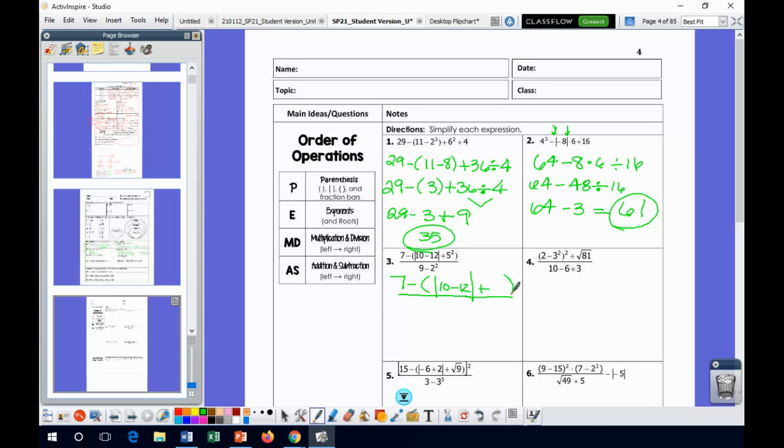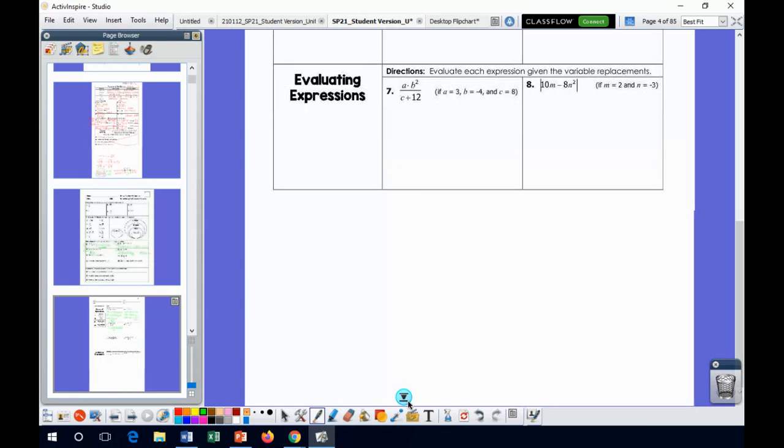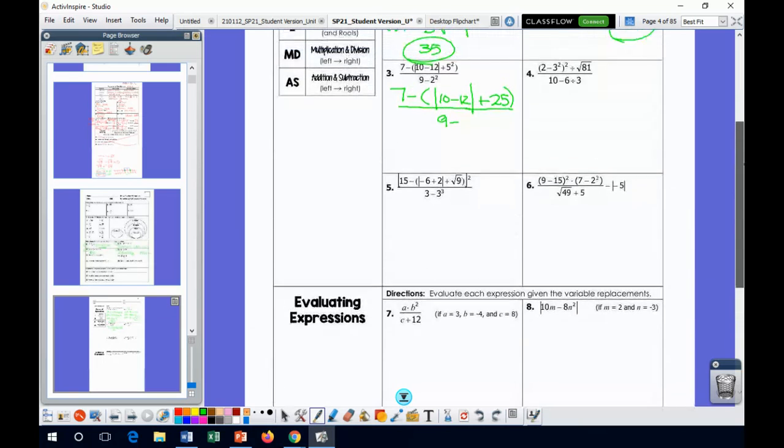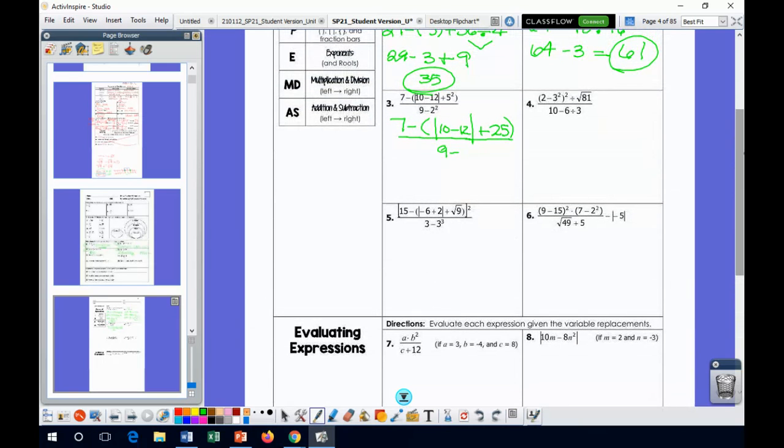Here's our first one to deal with. 9 minus 2 squared, which is 4.